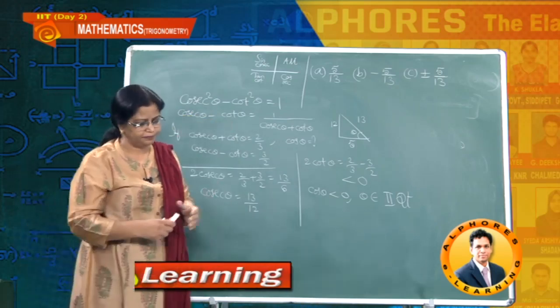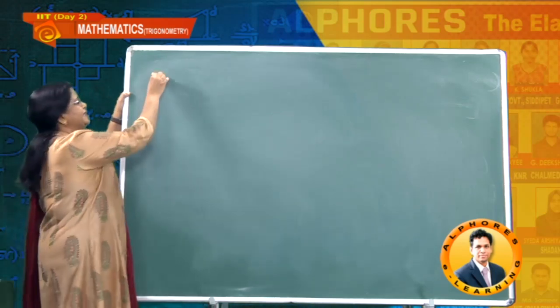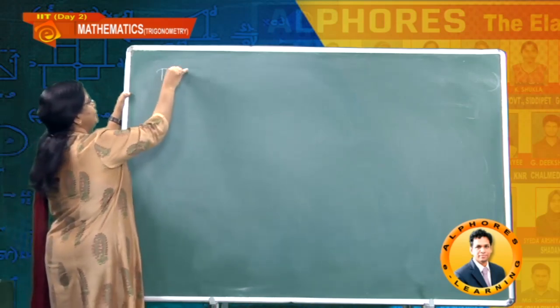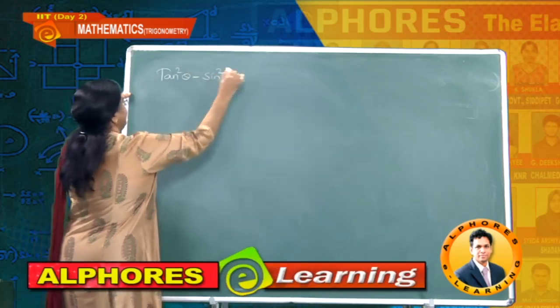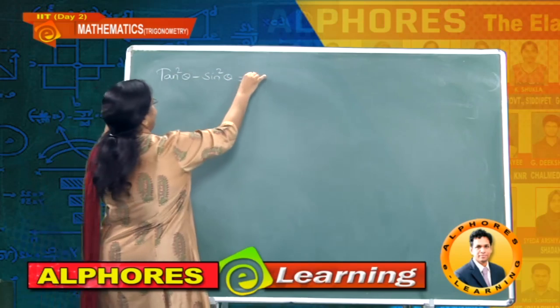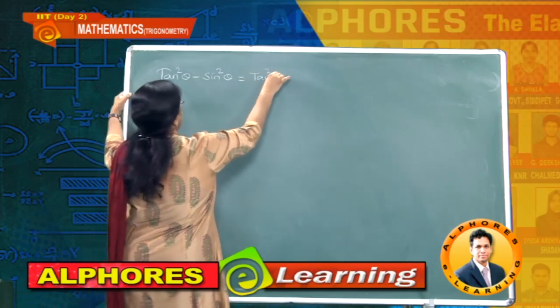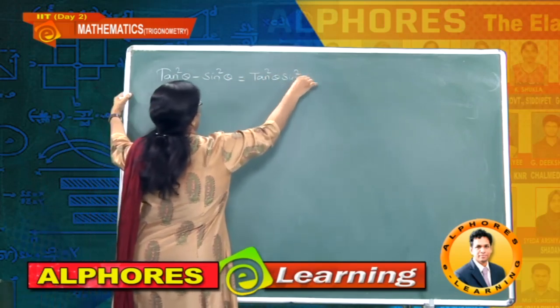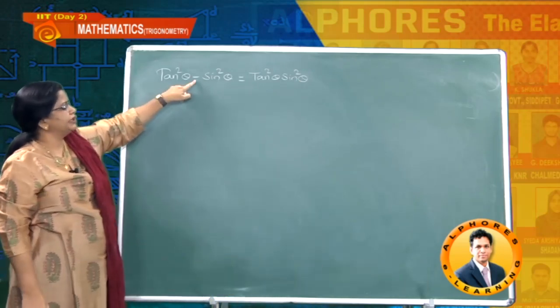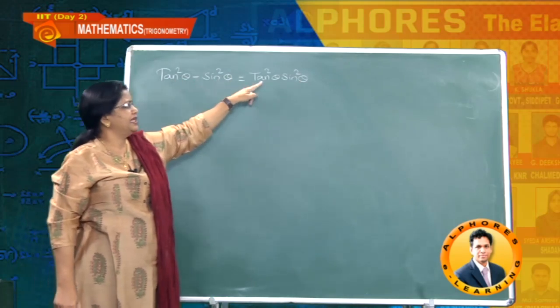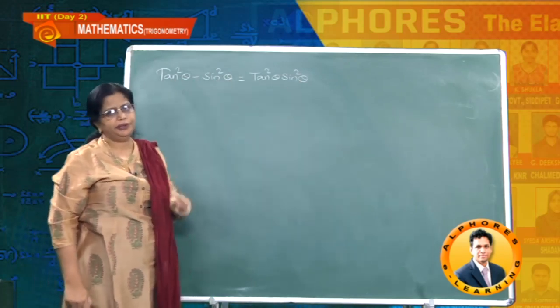Understand, students? Next one is tan square theta minus sin square theta, which is equal to tan square theta into sin square theta. Here you observe that the difference of two terms is the same as the product of the two terms.